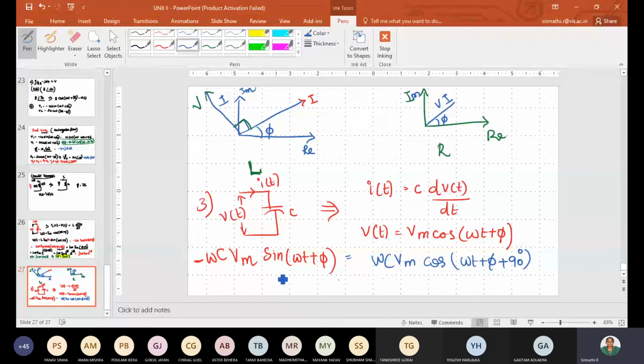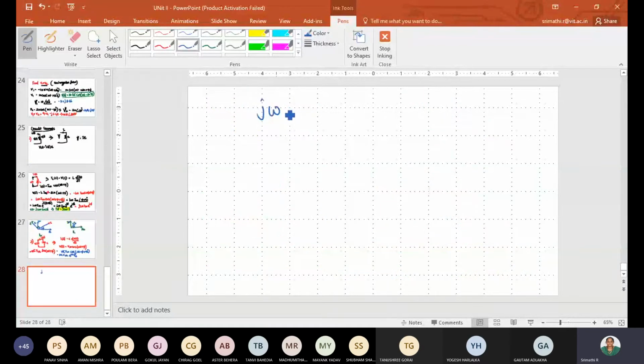And finally, if you write it, it is omega C Vm e power j90 e power j phi, so it is j omega C Vm angle phi.